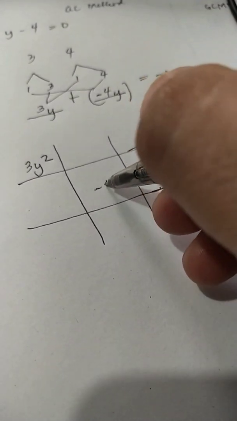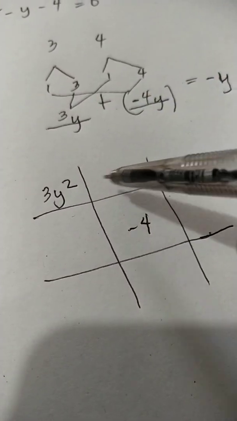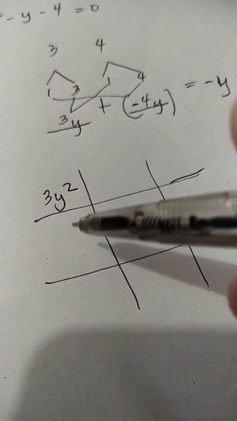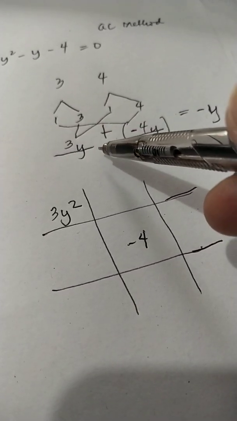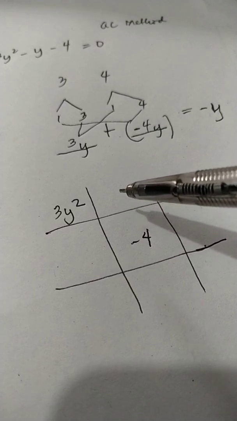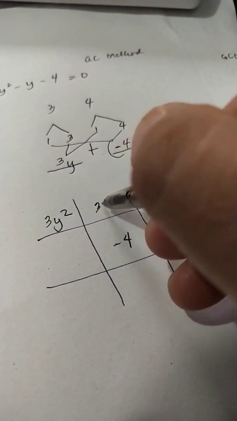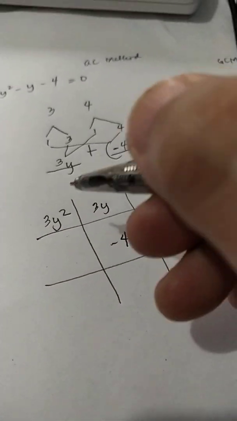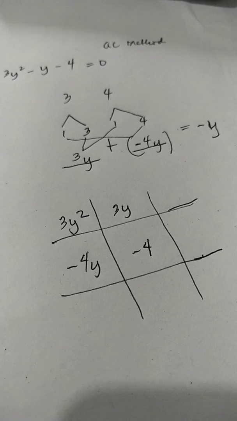It should be negative 4. And then the expressions that we are going to write on this box, it could be interchanged. We can write 3y in here or negative 4y. It's up to you. So in my case, I would like to write positive 3y and then the negative 4y.